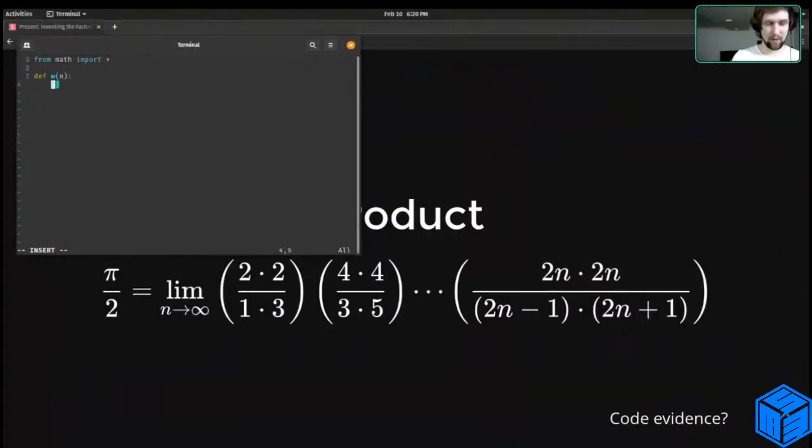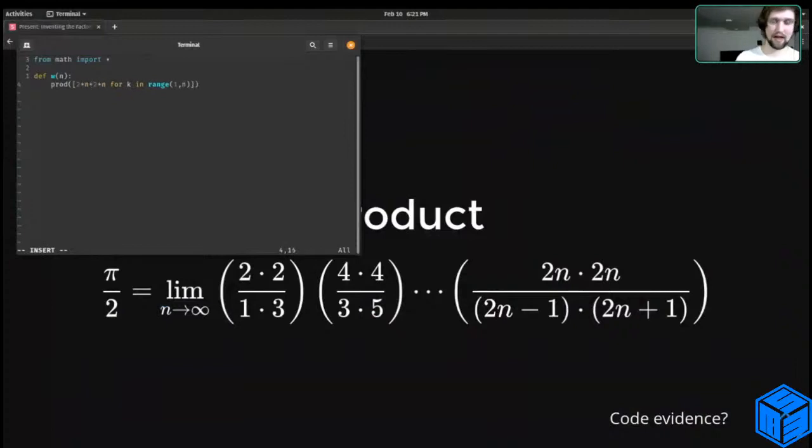And so we'll want to take the product of a list. Of course, I'm going to be using a list comprehension here. I'm very cool. So it'll be something for k in range, the values of k between 1 and n.